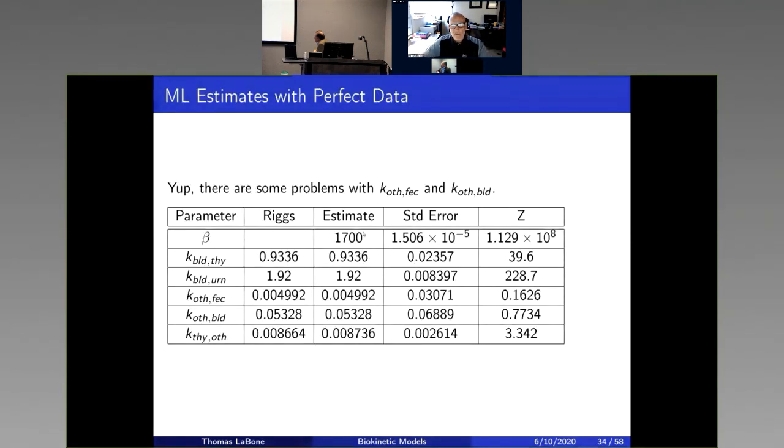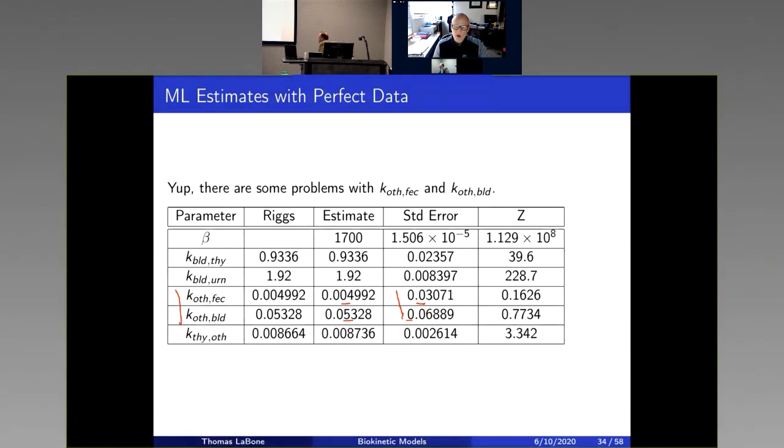And I say, yep, there's some problems with this, because if we look at these two, I'm getting back exactly the same numbers I put into it, but I'm not very certain that I have the right numbers here. They have a very large error. Compare the size of this error to the size of this estimate. So even given perfect data, I can't estimate these parameters precisely. There's really no unique solution to this.